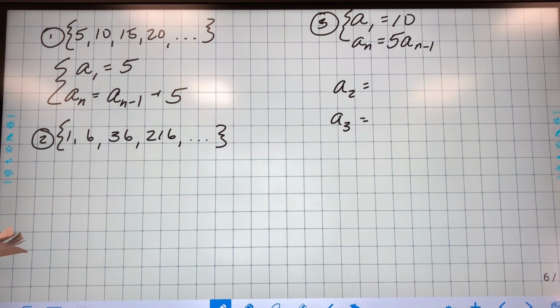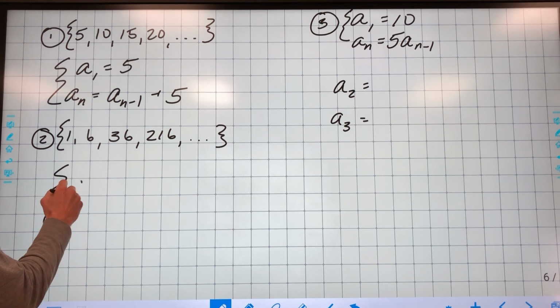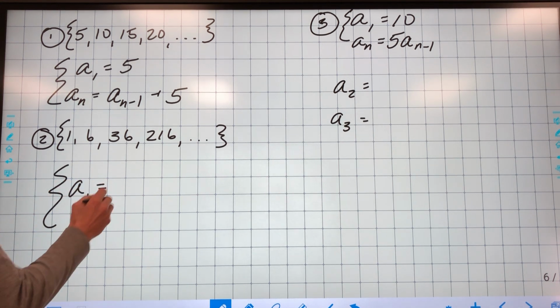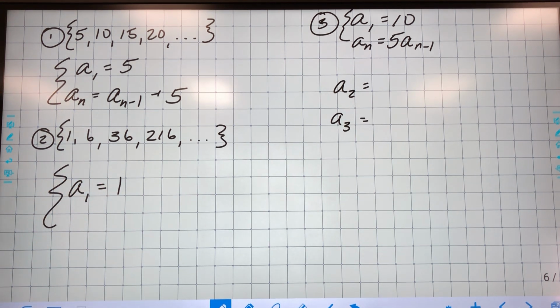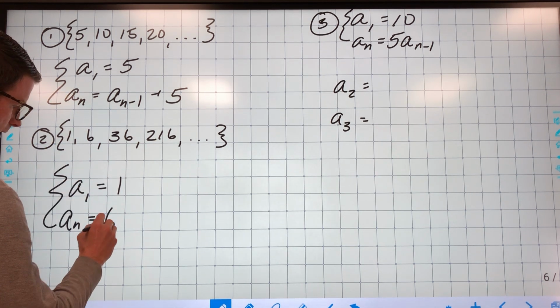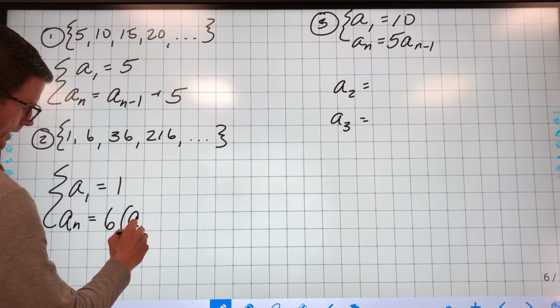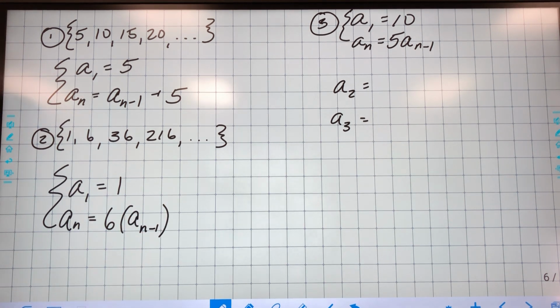So there's your answer to number 1. Number 2, I know that it follows 2 things. First term is 1. I'm halfway done, right? And then the value of any term, I take the previous term and I'm going up by 6 each time here. So I'm going to do 6 times a sub n minus 1.